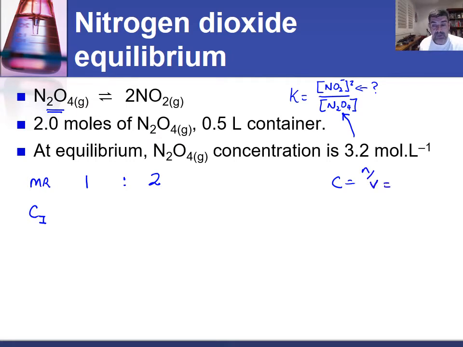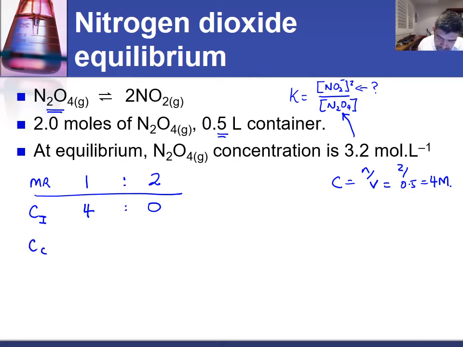So the initial number of moles is 2, and the volume is 0.5, so that's 2 on 0.5, which is equal to 4 moles per litre. So the initial concentration of our N2O4 is 4. The initial concentration of our NO2 is 0. It's an empty container, and all we do is put in some N2O4.